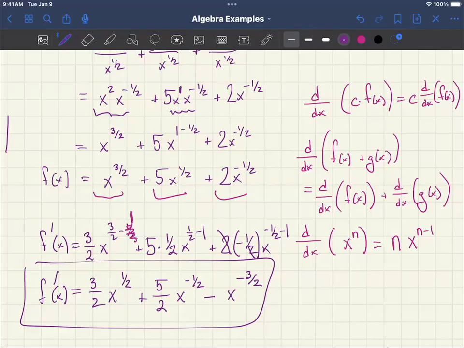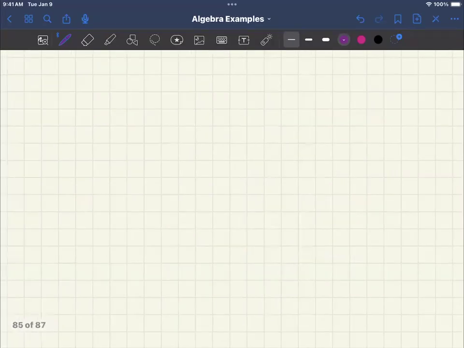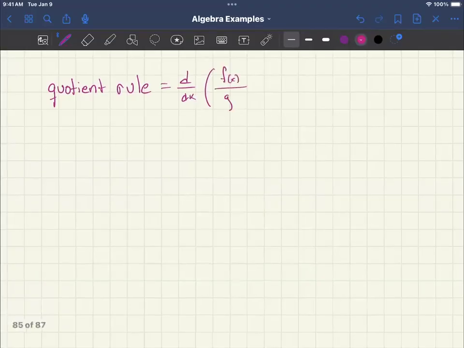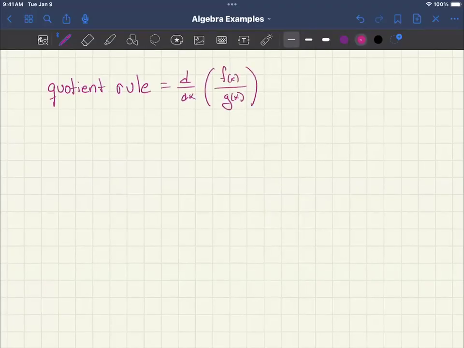Beautiful. Next thing that I said that we would do is let's see what happens when we use the quotient rule. So let's recall what the quotient rule says. When we are using the derivative of a function over another function, we are going to get low d high.